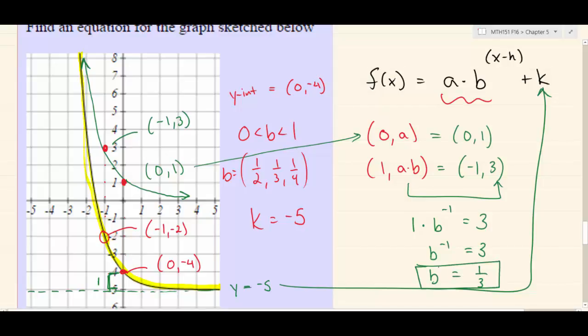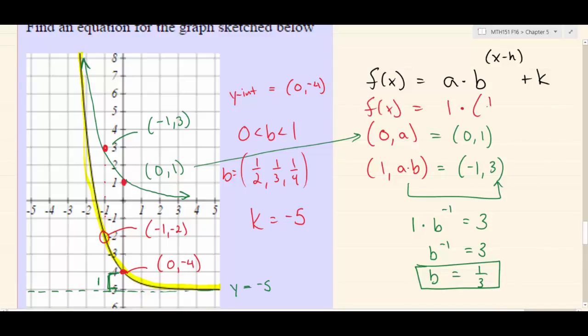So now I know A, I know B, I know H, I know K. So to write the equation, I would take those values and plug them back into this form, and I think we'll get this. F of x equals 1 times 1/3 to the x power minus 5.